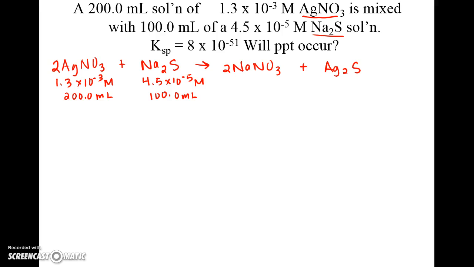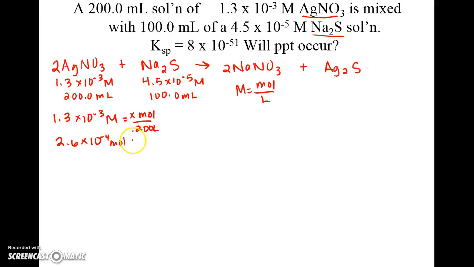The first thing I need to do is figure out the moles of each of these. I know that molarity is equal to moles over liters. So I take 1.3 times 10 to the minus third molar equal to X moles over 0.20 liters, and I end up with 2.6 times 10 to the minus fourth moles of AgNO3.